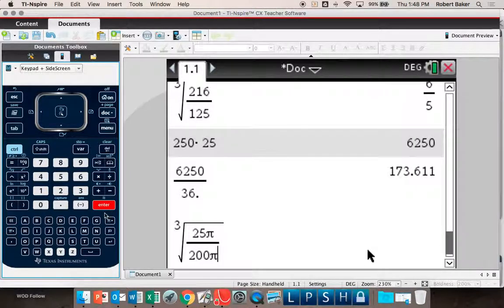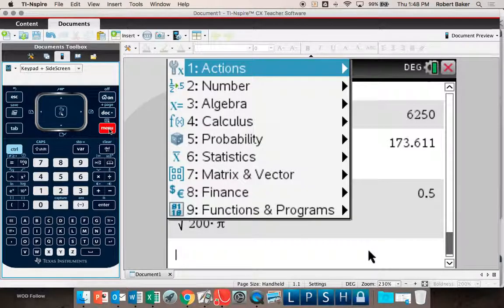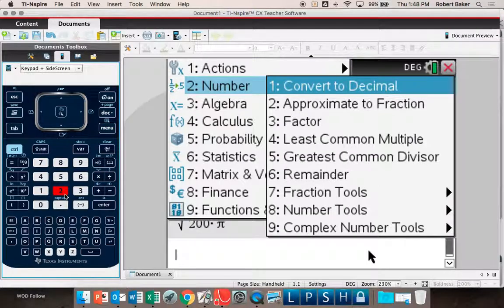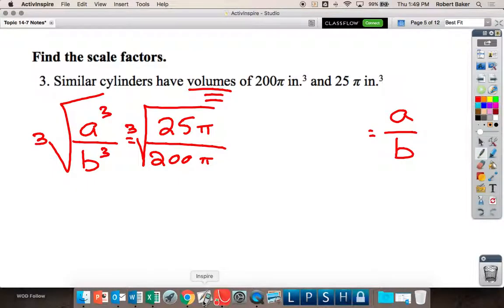And then you hit enter and you pray that it's a nice number. 0.5. Is that a fraction? What do we do now? You can do menu, and you want to make it a fraction. Menu 2. So now I know after I cube root that number, I get the fraction 1/2.